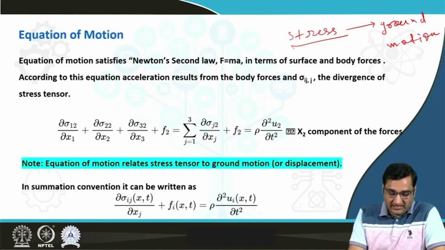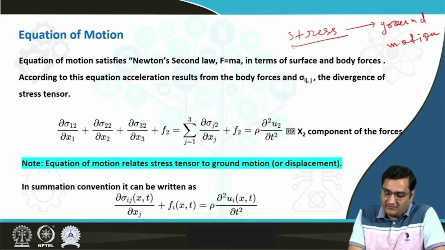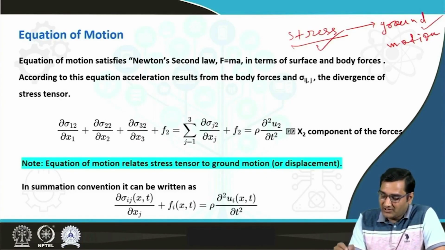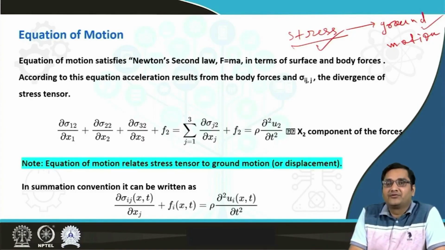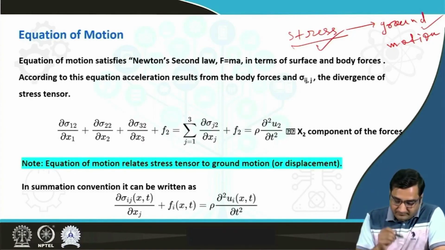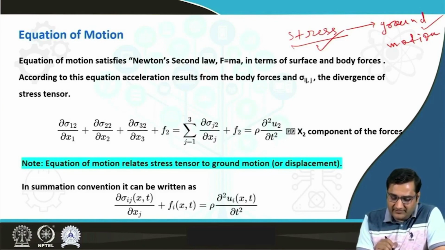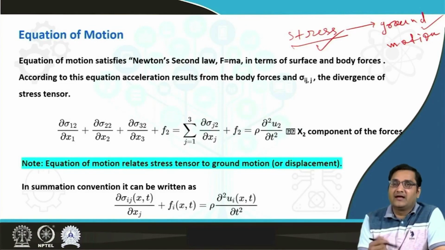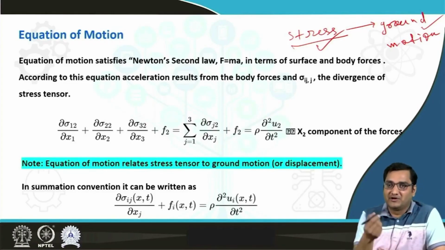So the spatial variation of the stress field is related to the ground motion, and that is further related to the strain. According to this equation, the acceleration is basically the double derivative of the ground motion or the displacement field.